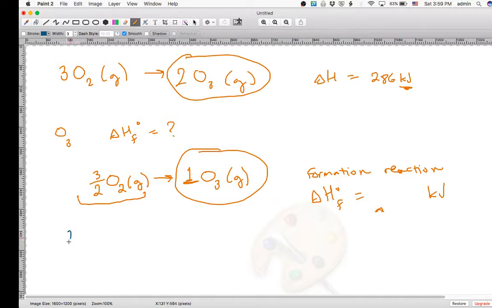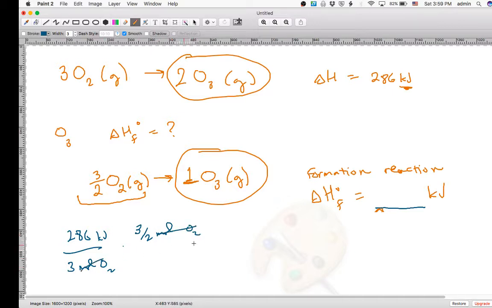This is 286 kilojoules, and this is for reacting 3 moles of oxygen gas, O2. But I want the answer of this, which is associated with this equation, and this equation only has 3/2 moles of oxygen gas. So 3/2 moles of oxygen.